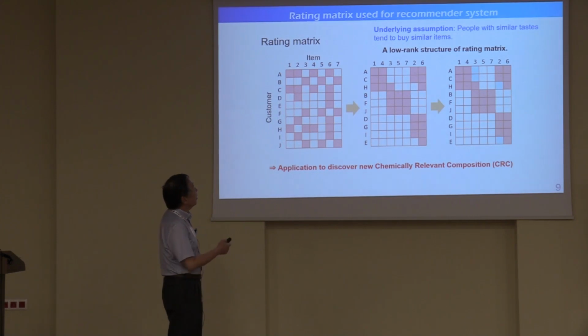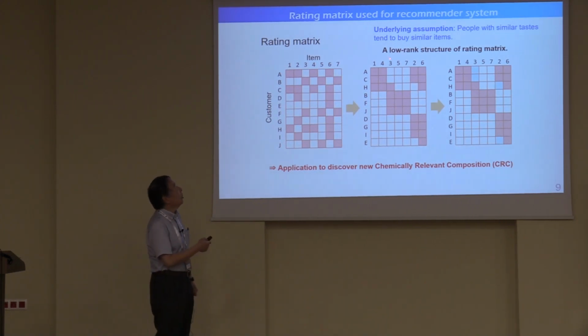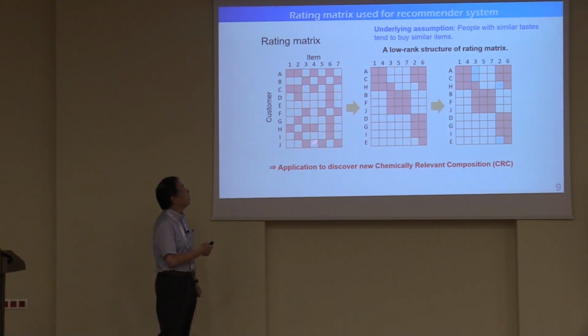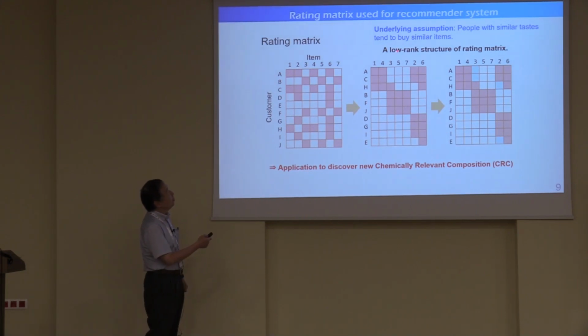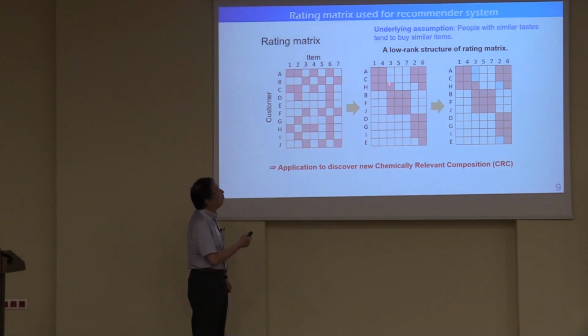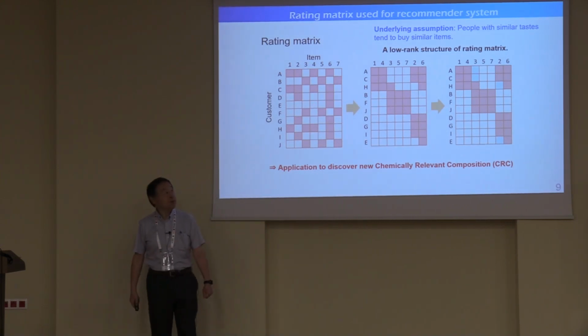Based on that assumption, in mathematical language, it is called a low-rank structure of this type of matrix, the rating matrix. If this works, then we can decompose this matrix into a few smaller matrices.